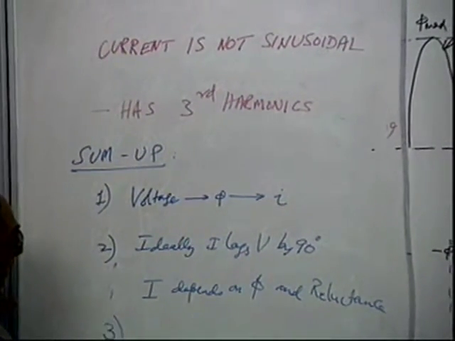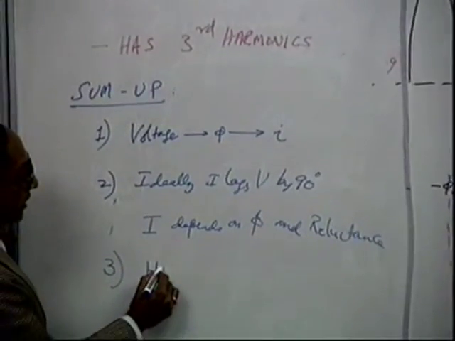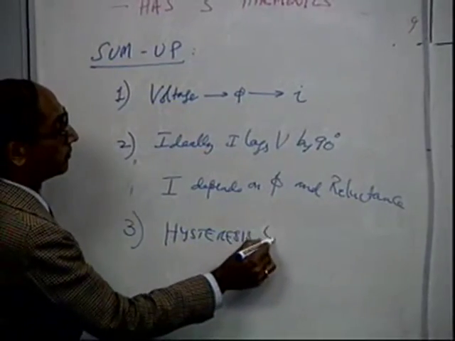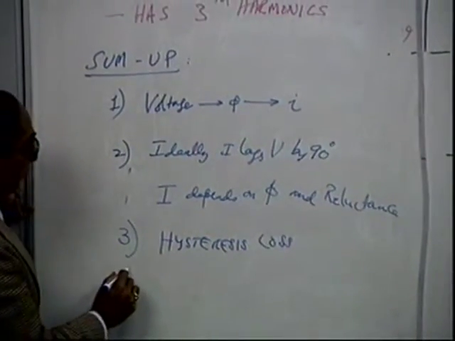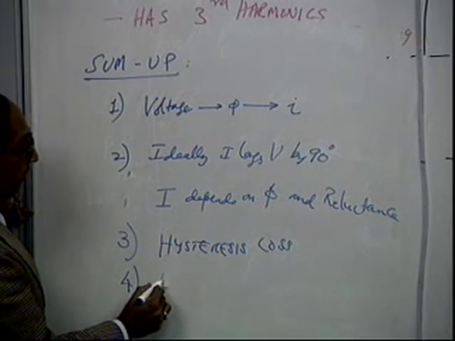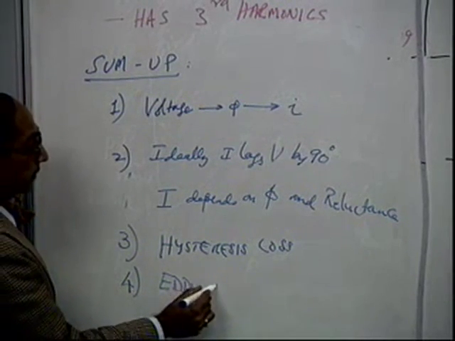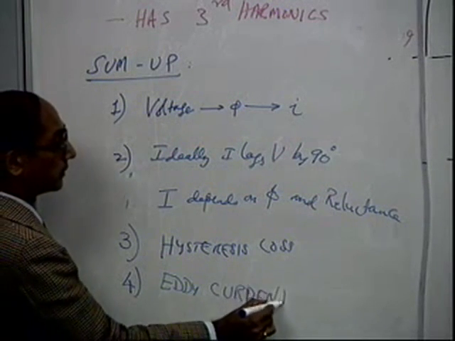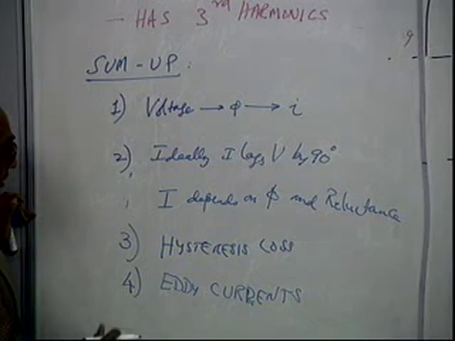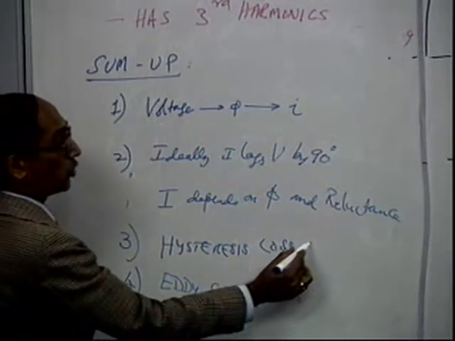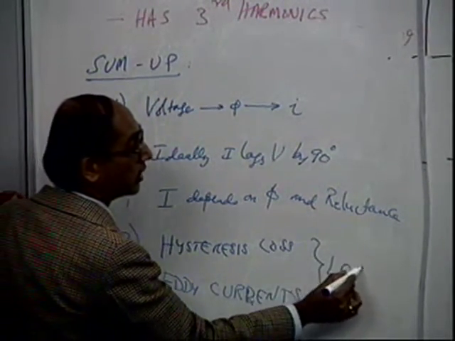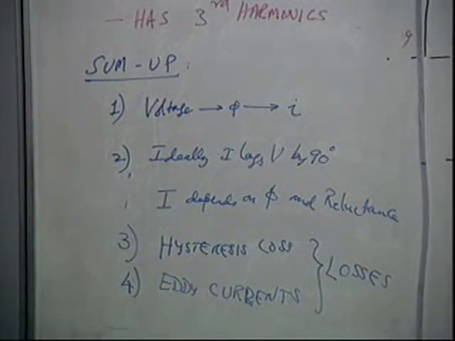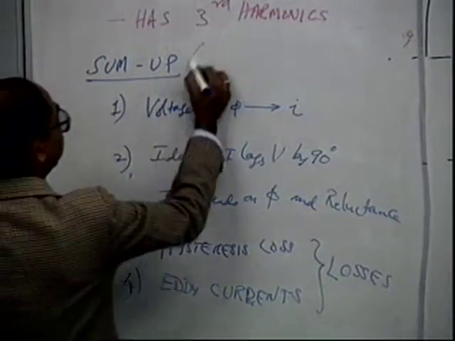And we see in AC magnetization there is the phenomenon of hysteresis. We also see in AC magnetization the phenomenon of eddy currents. You will find these two result in losses in the core.